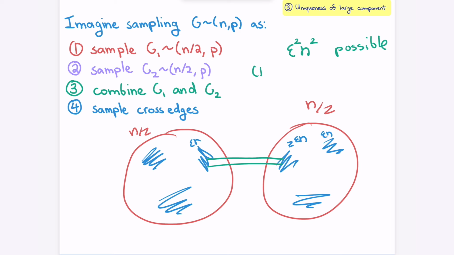And if I multiply that by roughly 1 over n, I get something like epsilon squared n. I'll leave out the 1 plus epsilon. So we're actually expecting a ton of edges between them. And they're all independent, so you're definitely going to get at least one.